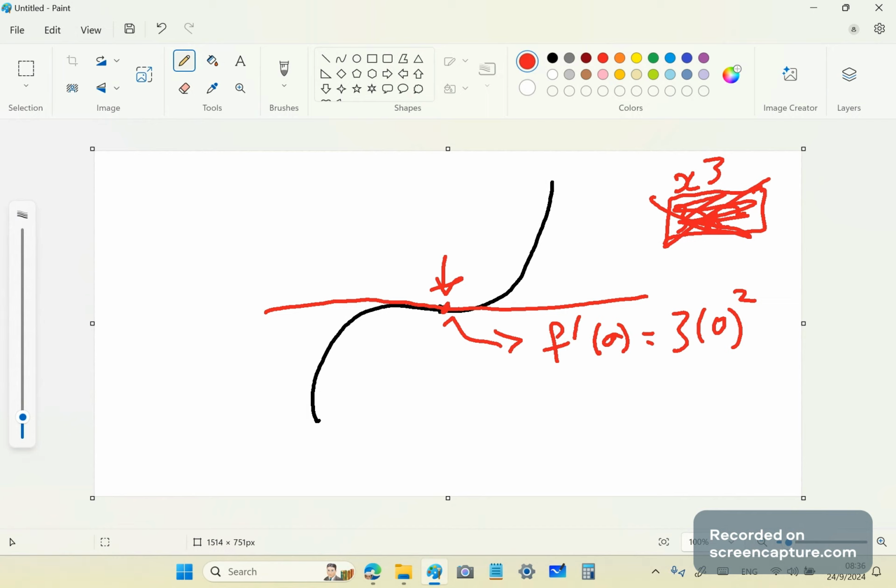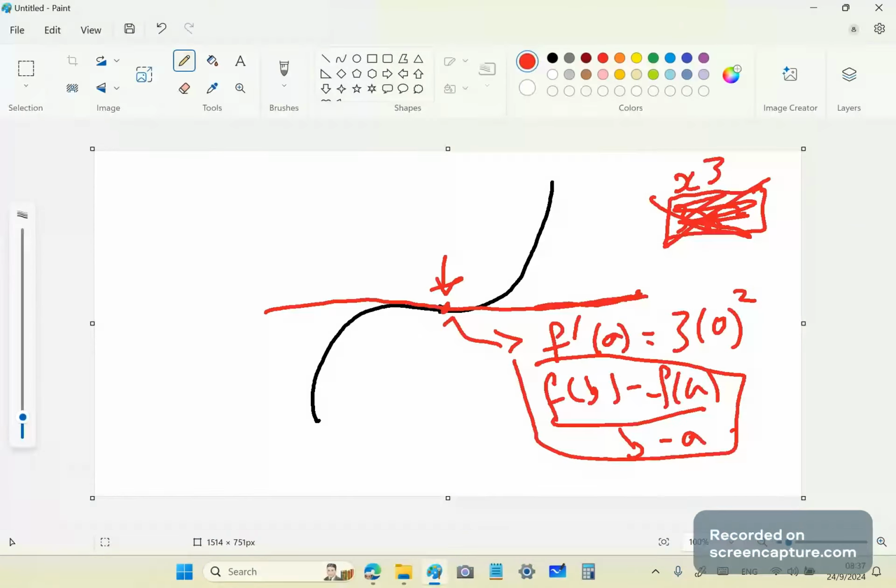So my brain is going down maybe a million pathways, which is probably too much for your peanut brains, but I'm trying to explain this. So bear with me. Okay. So you're saying that there is a tangent line there. But there is no f of b minus f of a over b minus a, which is what the mean value theorem is saying. And you're saying, well, it doesn't matter because it doesn't apply to inflection points. Actually, it matters.